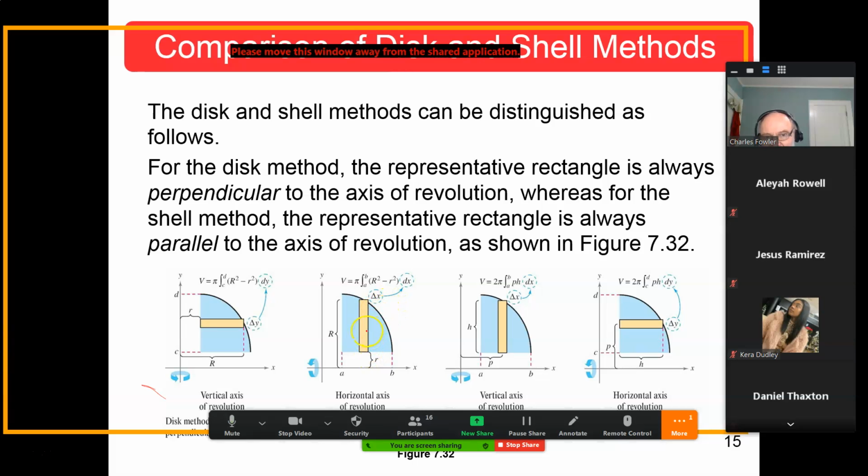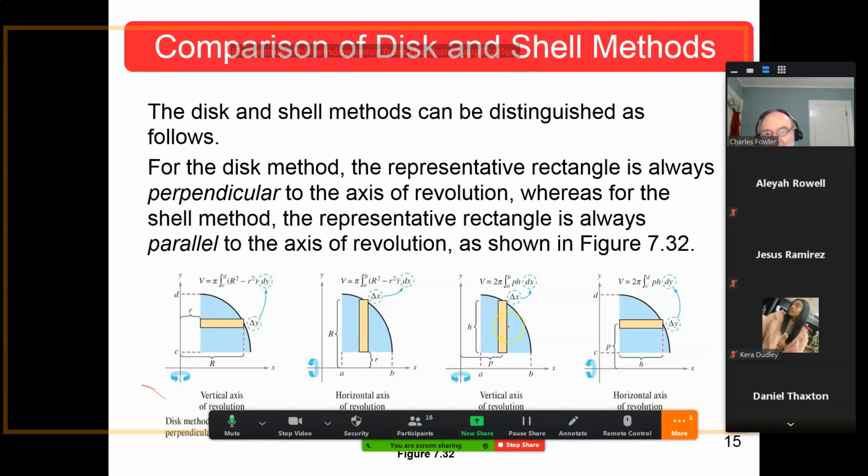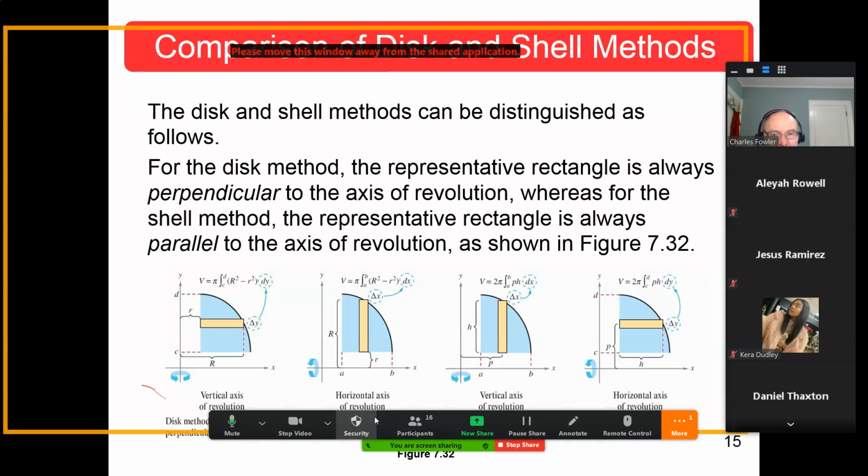Now, in the shell method, you have a vertical axis of rotation, but your rectangle is also vertical. You've got a dx here going around an axis parallel to the y. So the book phrases it one way, I phrase it the other way, but it's saying the same thing.